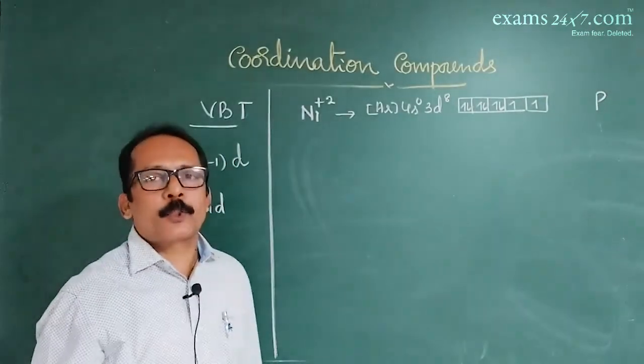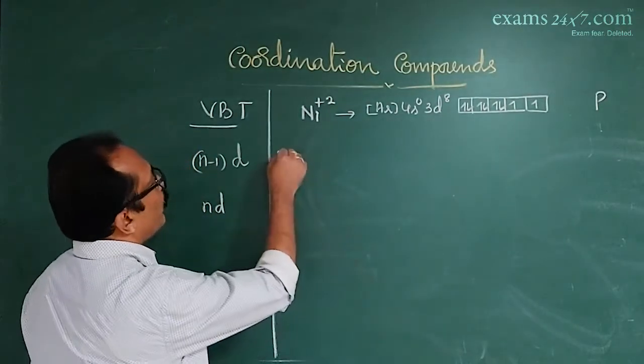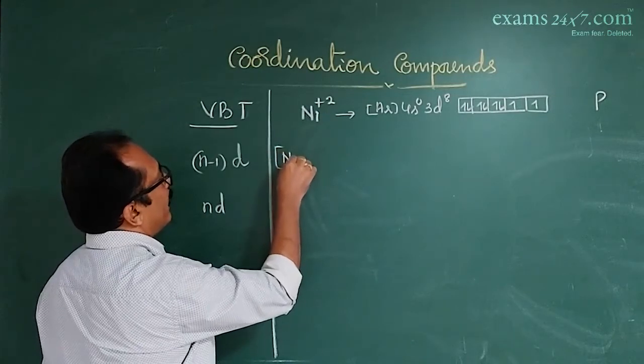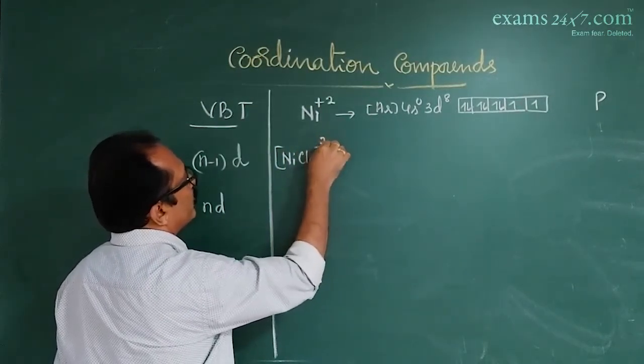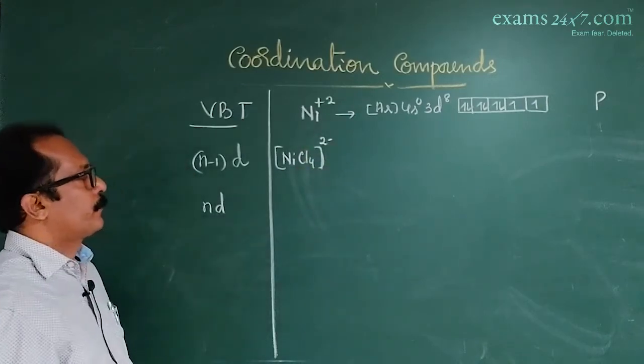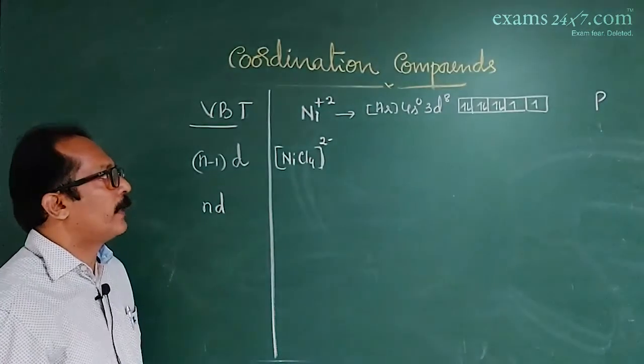Now, when nickel 2+ combines with a ligand, first we'll go for the weak ligand, [NiCl4]2-. Chlorido is a weak ligand.